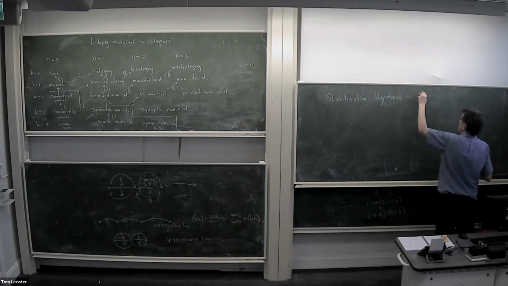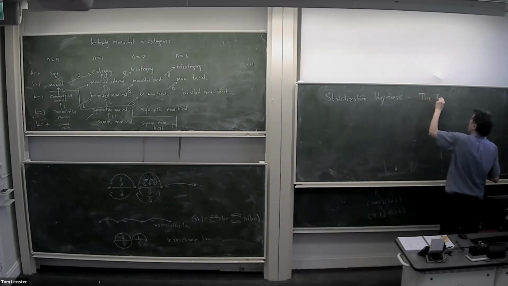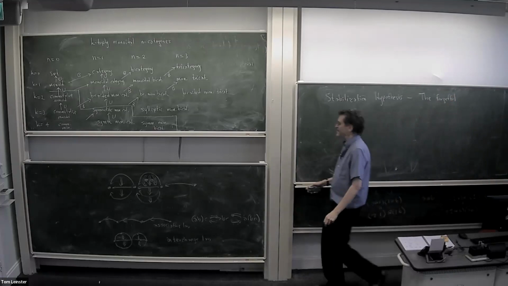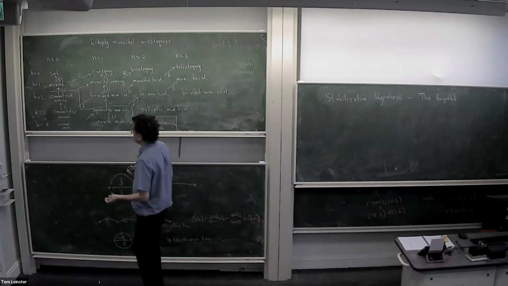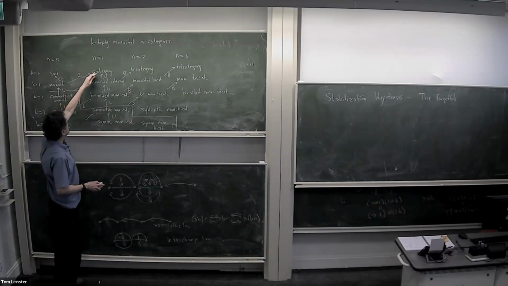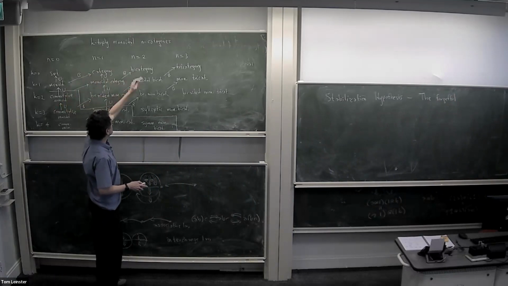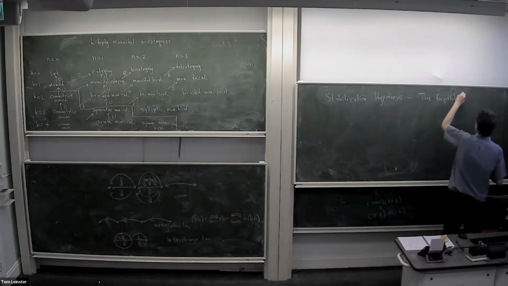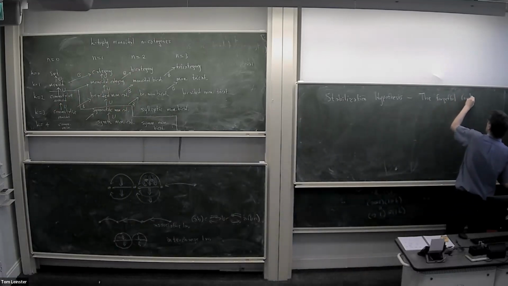But so the forgetful, well, it's worse than a functor. It's some kind of n functor, right? So there's a 2 category of categories. There's a 3 category of these, and so on.